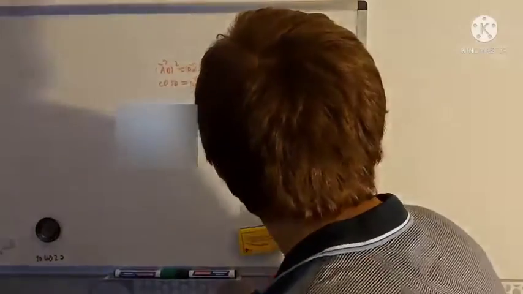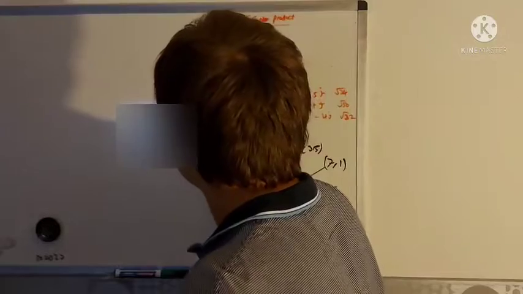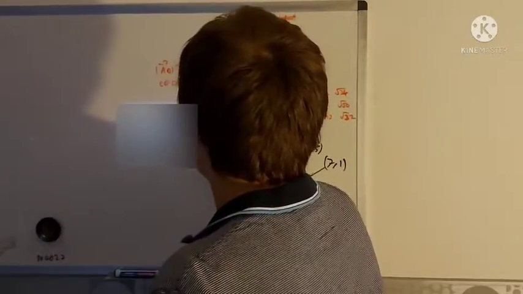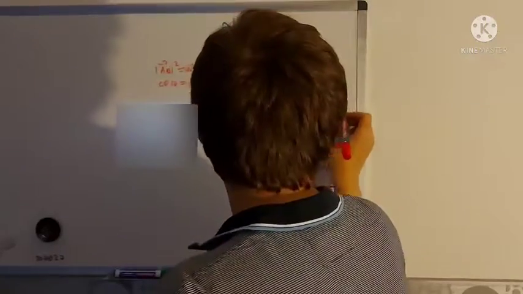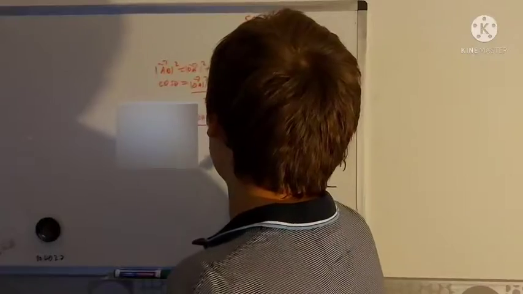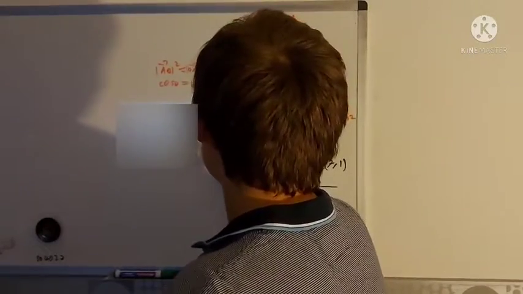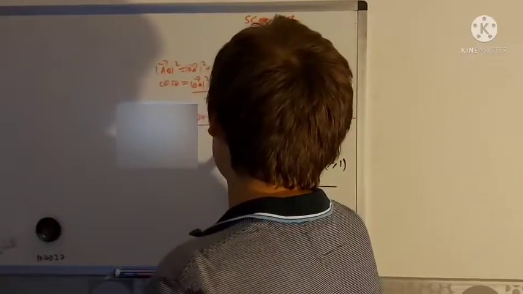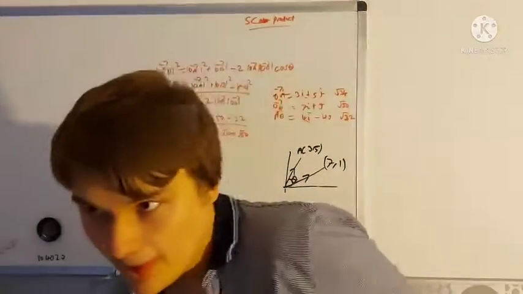So I'm going to get root 34 squared, so it's going to be 34, plus that will be 50, take away 32, over 2 times root 34 times root 50. Okay.